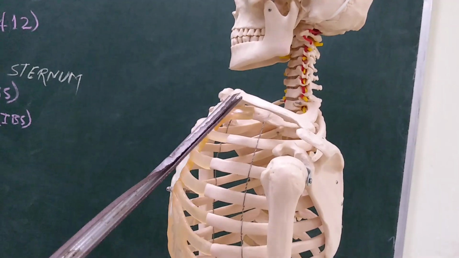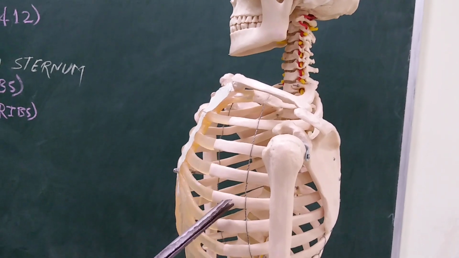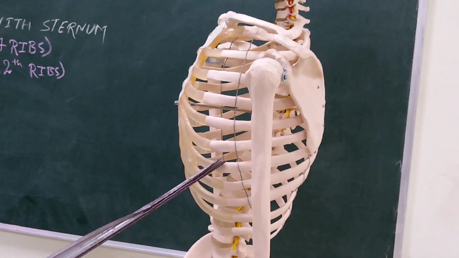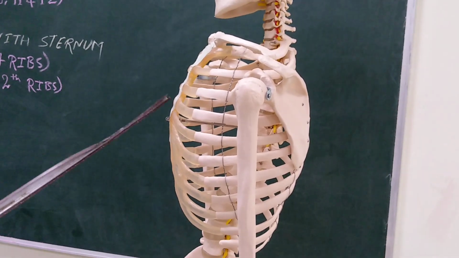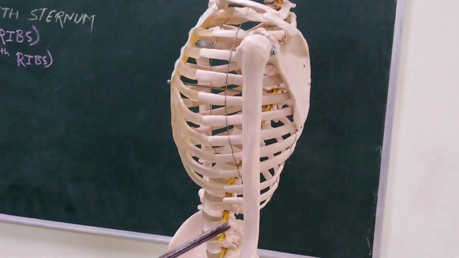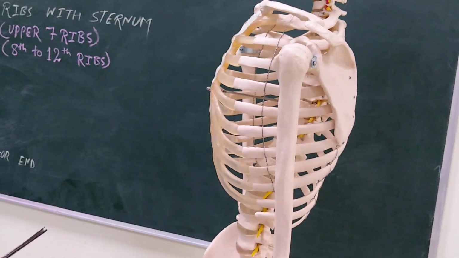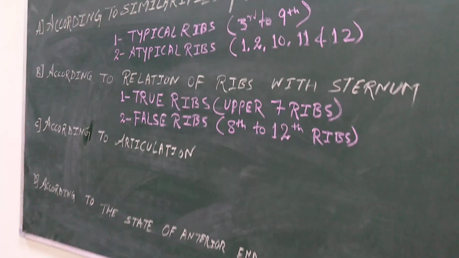The upper 7 ribs, first, second, third, fourth, fifth, sixth and seventh, are the true ribs which are directly connected with the sternum, and 8 to 12, that is 8, 9, 10, 11 and 12 ribs, are called false ribs because these are not connected directly with the sternum.